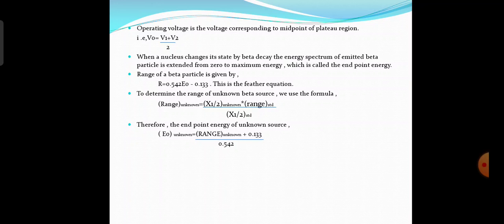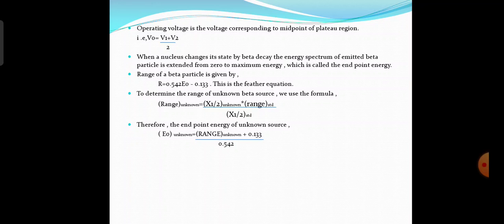we use here. And it is possible to define a quantity R as the range, which is equal to the distance at which the beta particles are absorbed multiplied by the density of the absorbing material. That is, range is defined as the thickness of the target material penetrated by the particle. The range of the beta particle is given by R = 0.542 E0 - 0.133.